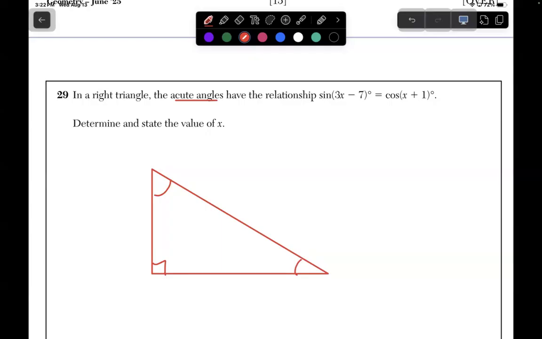So if we know they have to add up to 90 degrees, these two expressions also have to add up to 90 degrees. There are other ways you could solve this. You could do a little guess and check, but the easiest thing to do is 3x minus 7 plus x plus 1 equals 90.